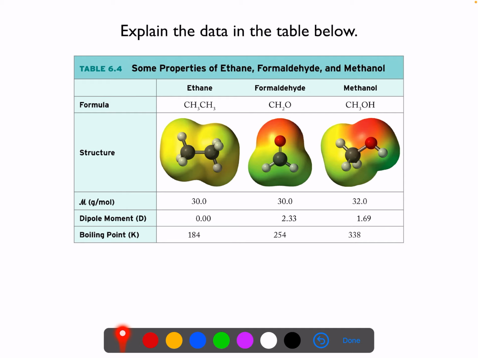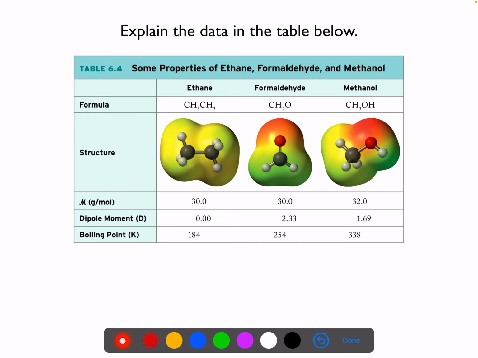And so why is it that we see this trend in boiling point data? And why does methanol have the highest boiling point of all of them? And when we think about why that is, the LDFs of all three are the same, and the dipole moment of formaldehyde is actually bigger than that of methanol.